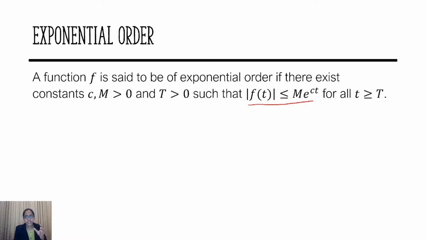The precise definition is that the modulus must be less than M into e raised to ct. Graphically, the graph of the function should tend to infinity at a slower pace than the graph of the exponential function. This is what is meant by exponential order.